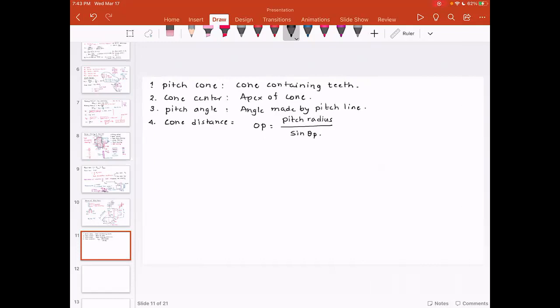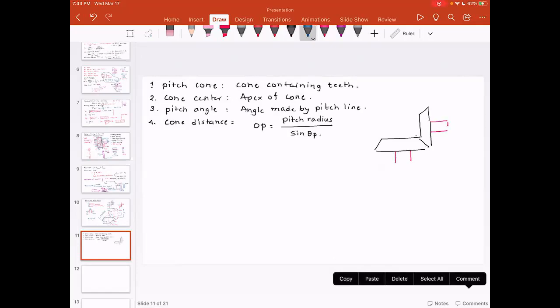If you were to look at two bevel gears that are meshing, and if you were to look at the center lines of these two shafts, this is the gear, this is the pinion.